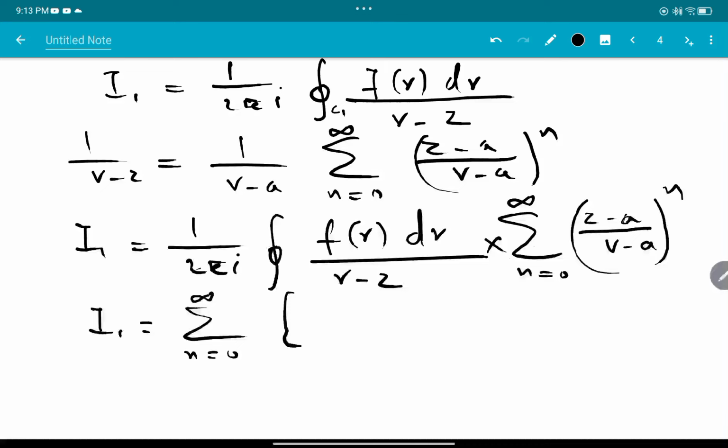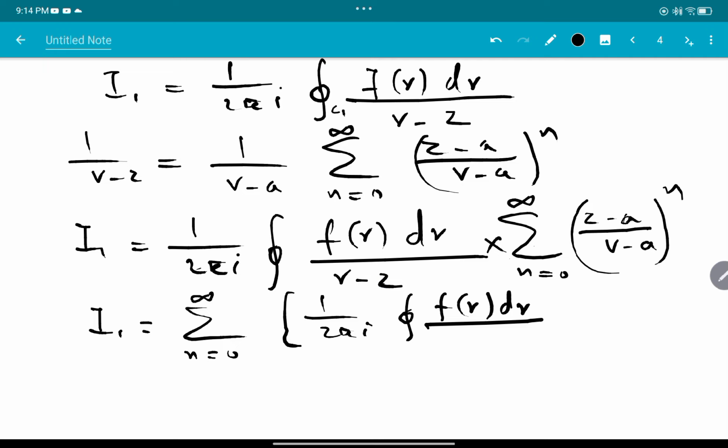You will see why. I will write 1 by 2 pi i into the integral of f(gamma) d gamma. Now here is the situation: we have gamma minus z here.